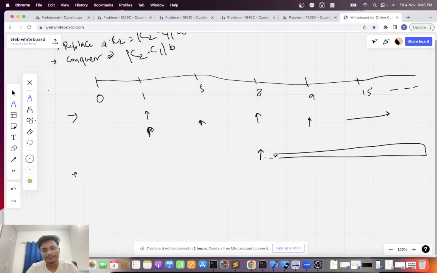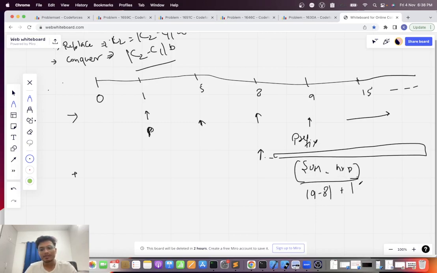That can be done easily by prefix sum, because this is just a distance, so the distance will be the sum of all these later kingdoms minus the number of kingdoms times the current position of the kingdom. That will be done using the prefix sum. That will be 9 minus 8 plus 15 minus 8, so this can easily be done by prefix sum.